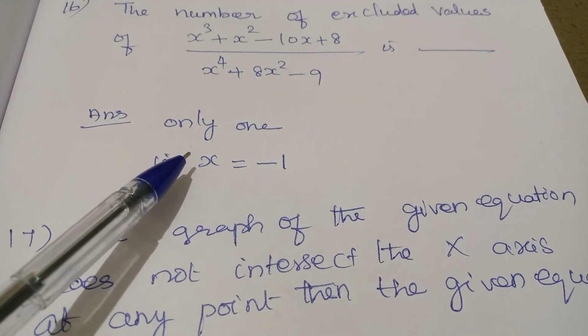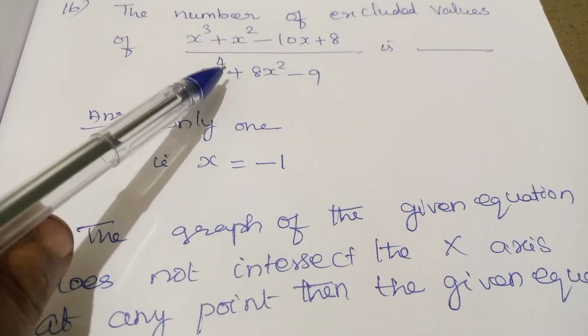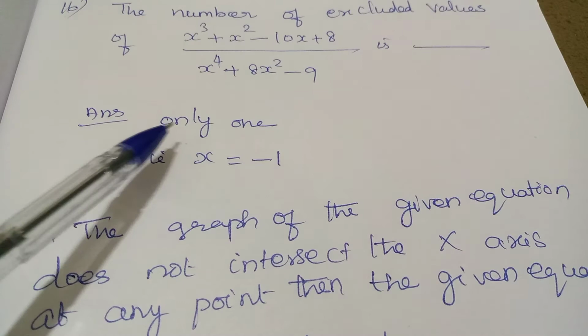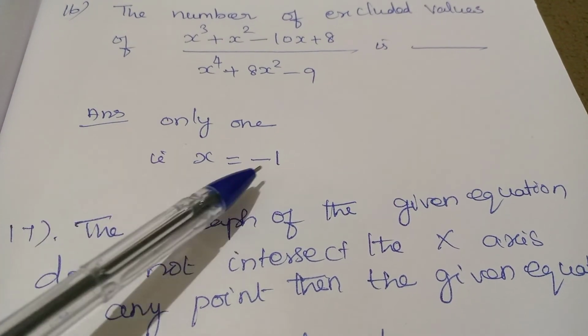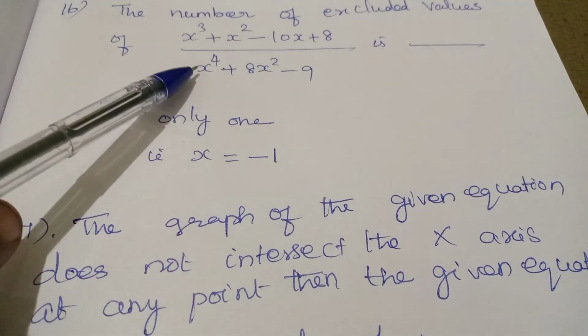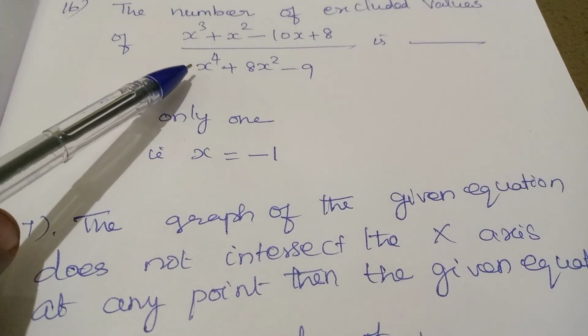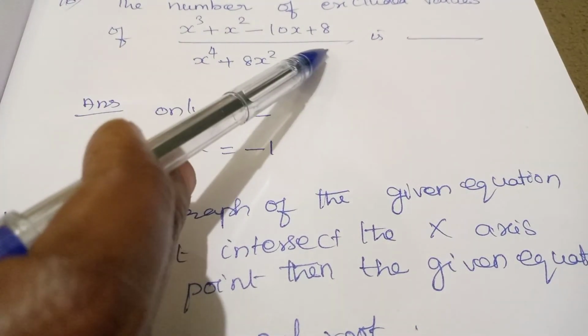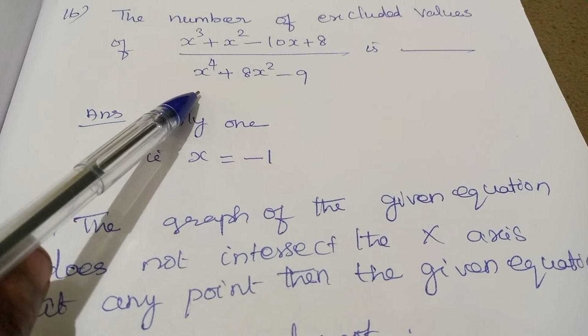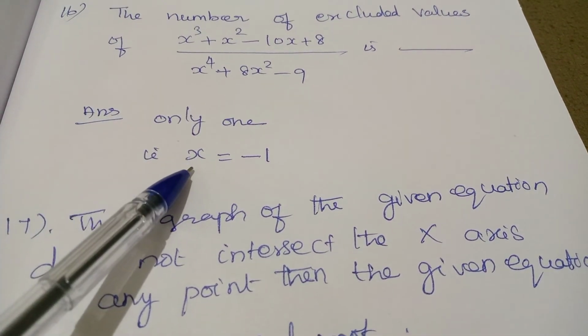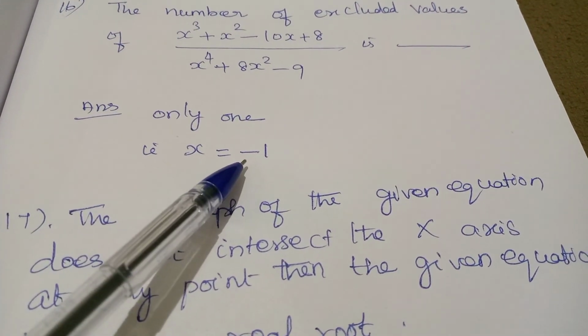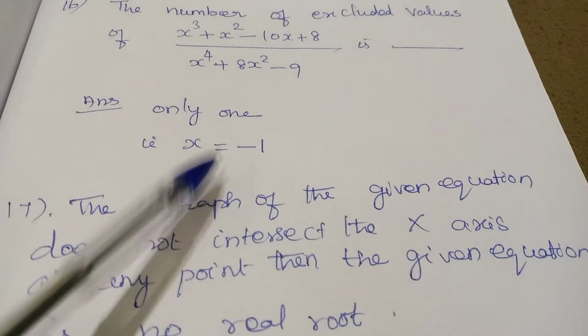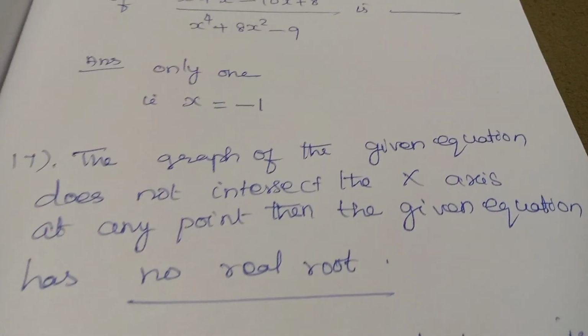So what number, if you use, we get 0? There is only one value, that is minus 1. In place of x, if you apply minus 1, the denominator term becomes 0. There is only one value, that is x equal to minus 1. That is the answer. Come to the next question.